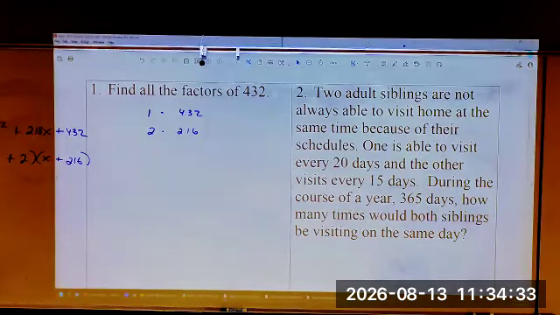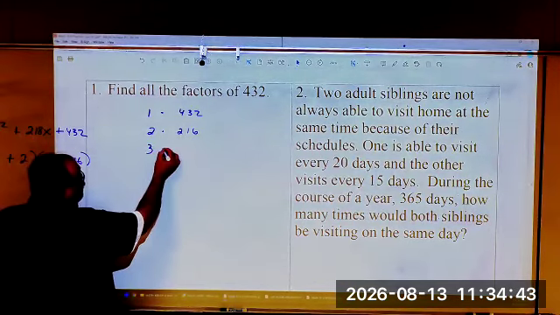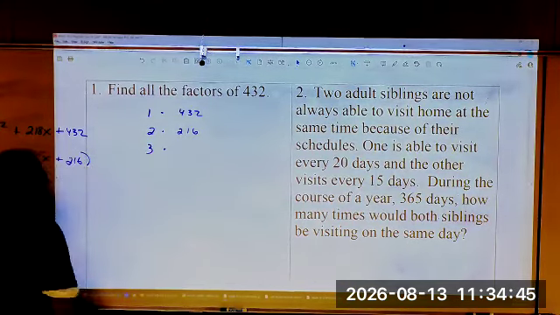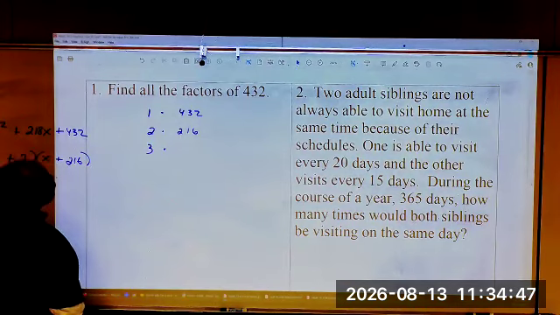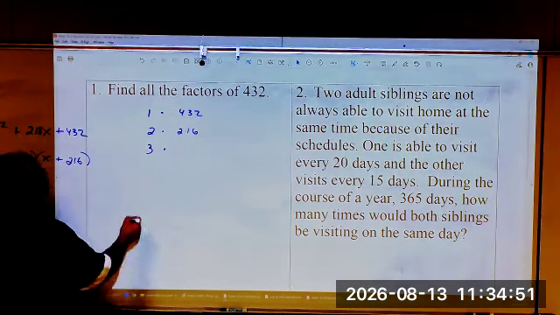But you know what? I still would list them all, because I have a little bit of OCD. Now we know 3 works. So this is going to be 3 times, let's see, 3 times 40, 44. No, that's not it.